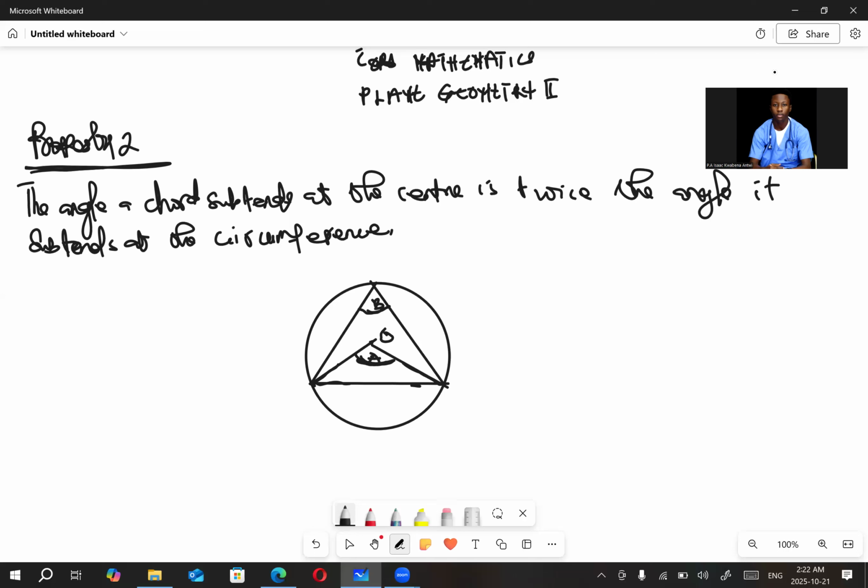So let's read, guys. The angle a chord subtends at the center. What angle is subtended at the center from the diagram? Can you see the letters?